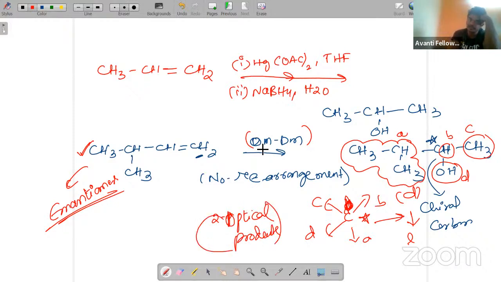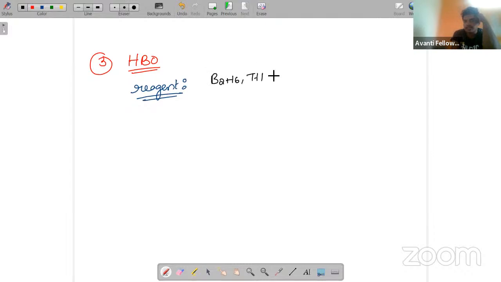Next, the third one, very most important one, that is HBO. What is HBO? Hydroboration oxidation. So what is the reagent here? The reagent is pretty simple: B2H6 in the presence of tetrahydrofuran.